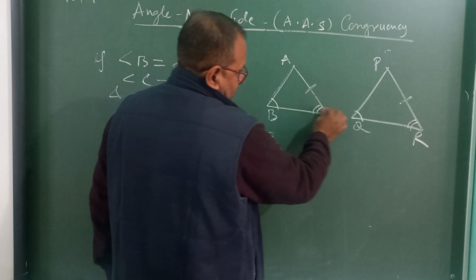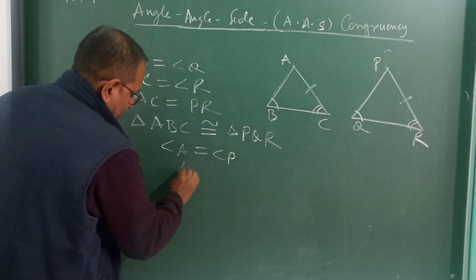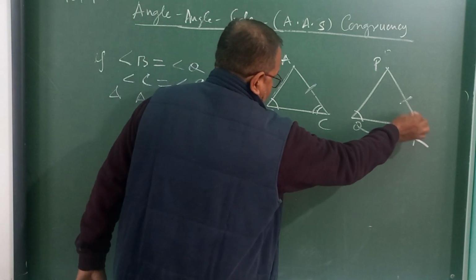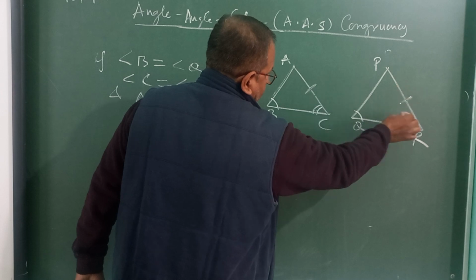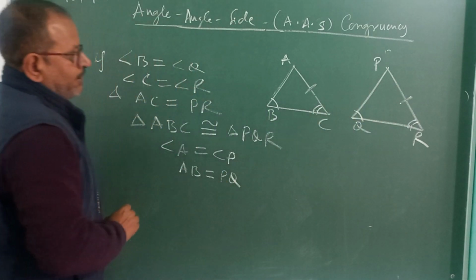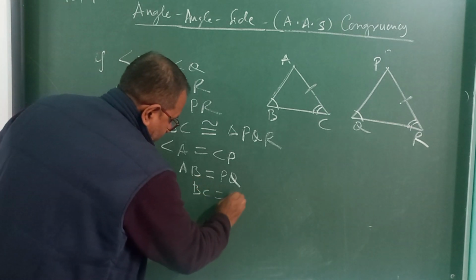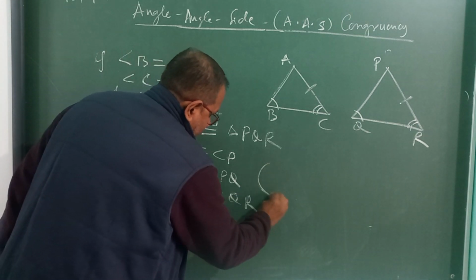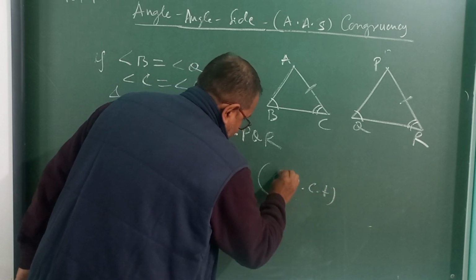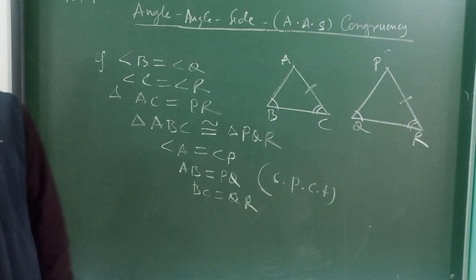Angle C and angle R are equal, so angle C's opposite side AB and angle R's opposite side PQ, these two sides will be equal. And BC is equal to QR. These results we can write by CPCT: corresponding parts of congruent triangles are equal.